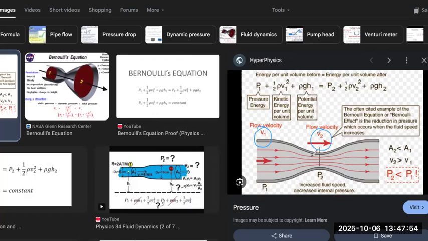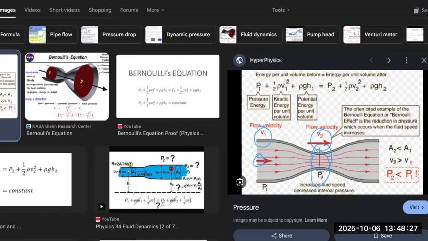Basically, because of the constriction, the pressure energy changes, which causes the flow velocity to increase. So at this point, there's an associated pressure energy, an associated kinetic energy, and an associated potential energy. Whereas over here at this point, there's also an associated pressure energy, kinetic energy, and potential energy.